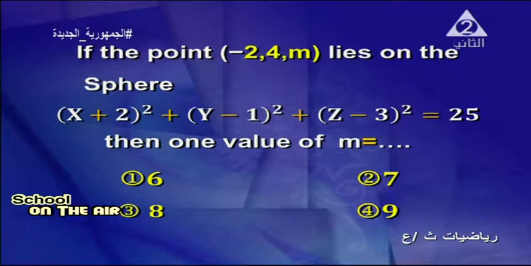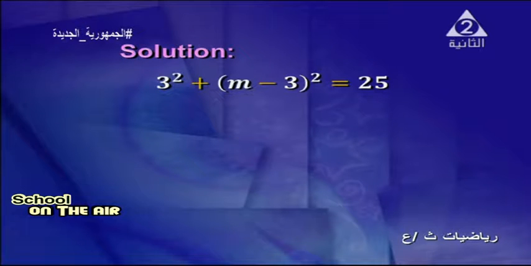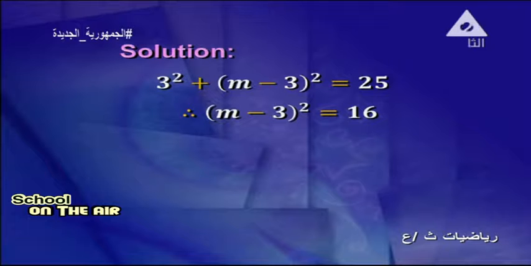Before we choose the correct answer, look clearly at the solution by substituting x, y, z. Then we have 3 power 2 plus (m minus 3) all power 2 equals 25. (m minus 3) all power 2 equals what? 25 minus 9 equals 16.